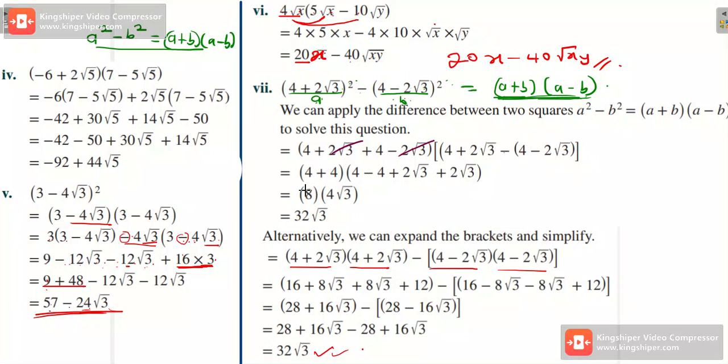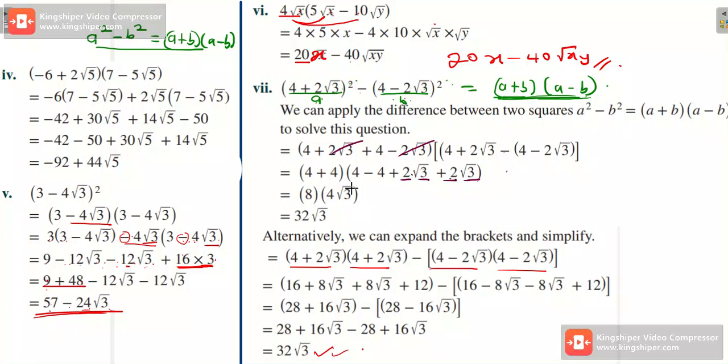Here 4 plus 4 is 8. Then in this bracket, 4 minus 4 will cancel out. Then we have 2 and 2 will add to be 4. Then the root of 3 terms, we factorize that. So once you factorize root of 3 out, you have 2 plus 2, which is 4 root of 3.